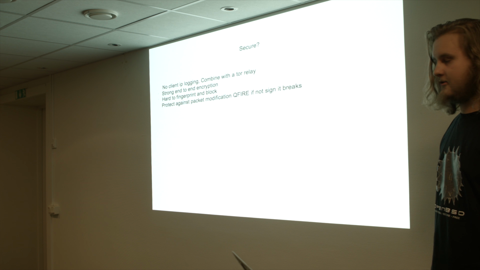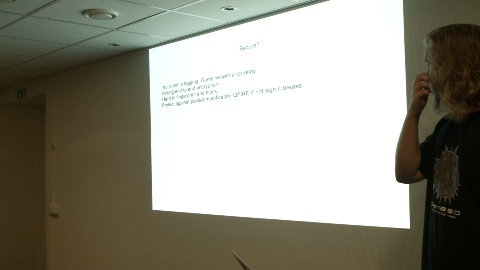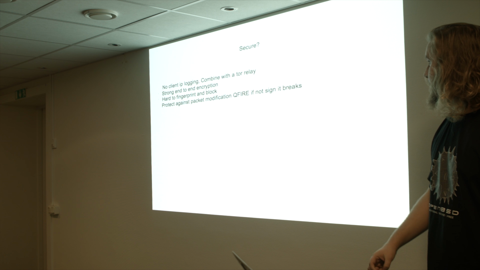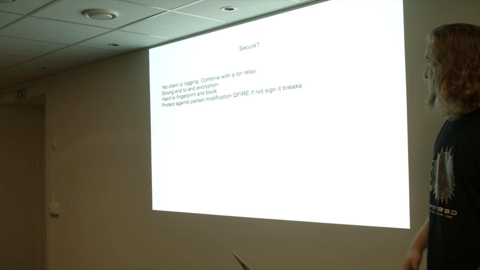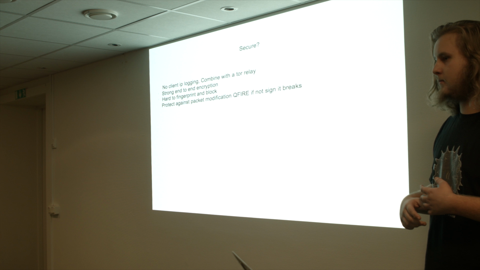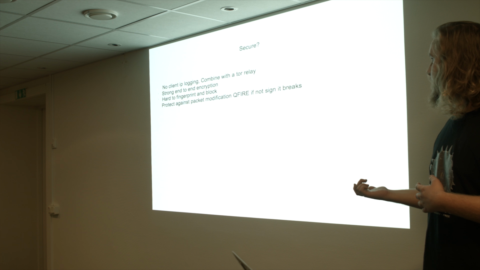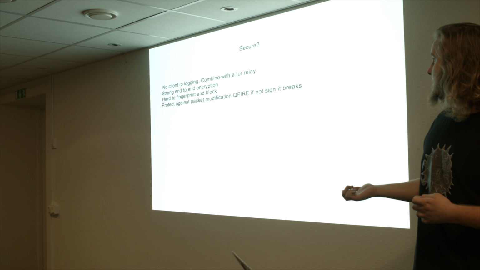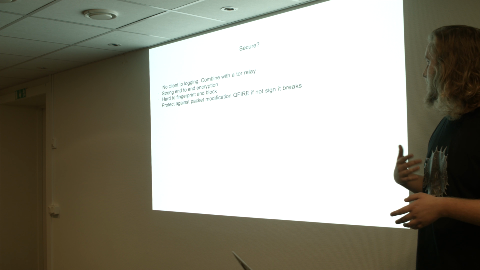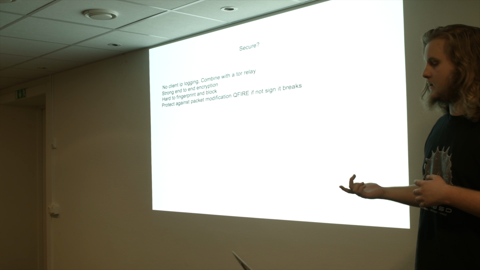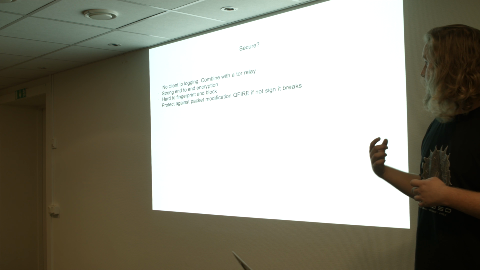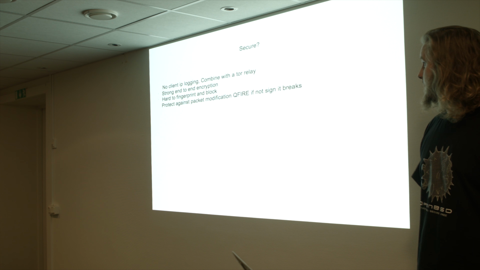So is this secure? Well, it doesn't log any client IP. I also combined it with a Tor relay. So if someone would end up in a legal case using my obfuscation system, it's kind of hard to prove which data is coming from the Tor relay and which data is coming from the client.